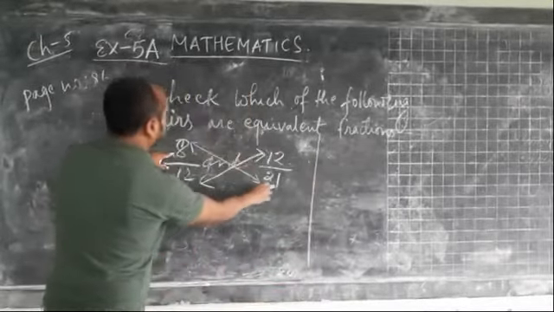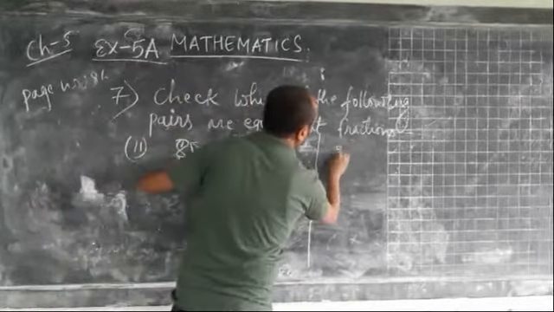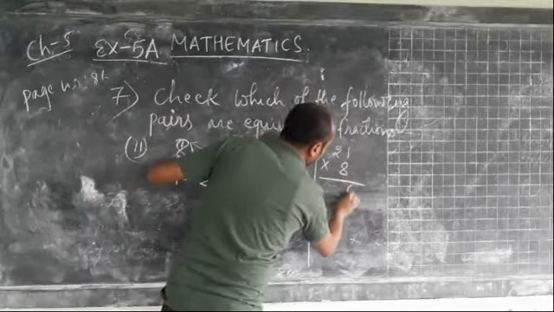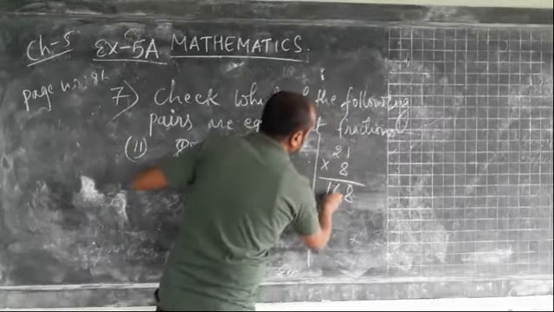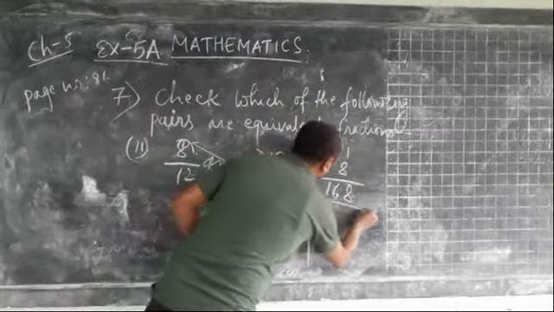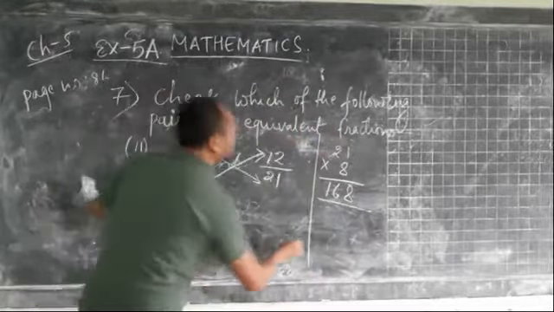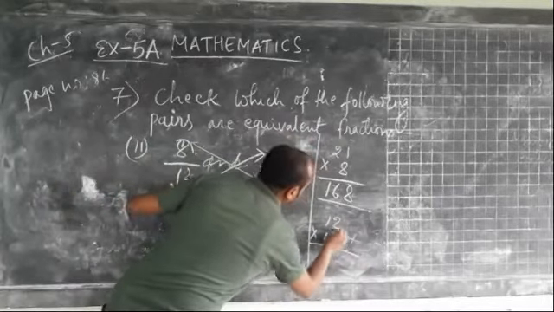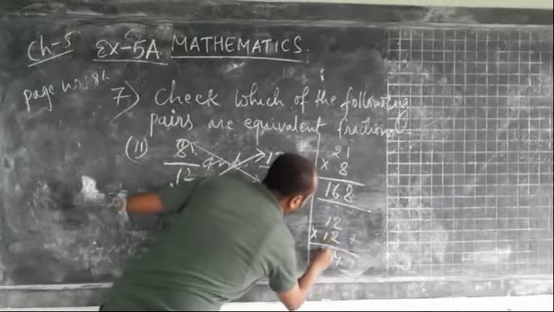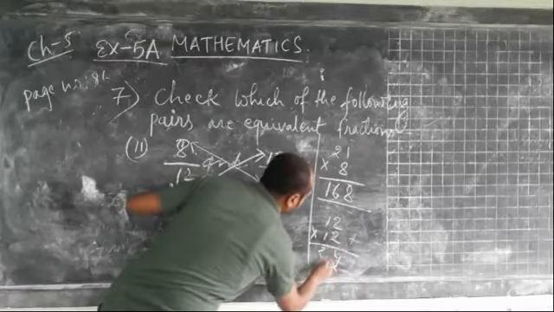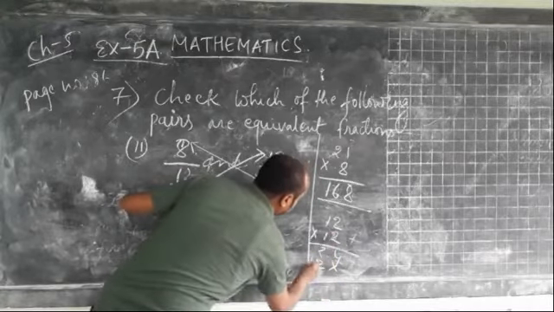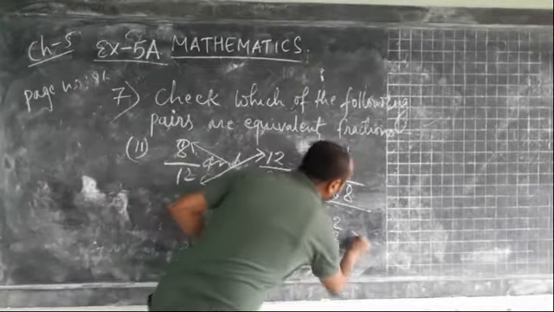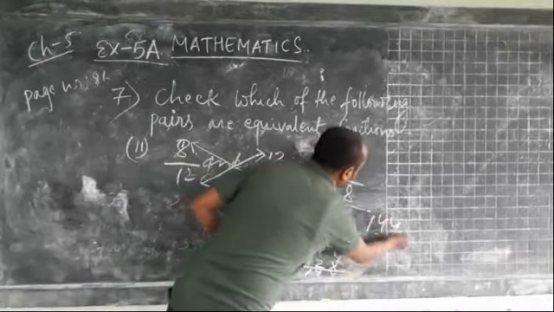Okay, let's try 21 into 8. 8 ones are 8, 8 twos are 16, so we get 168. Now the second one, 12 into 12: 2 twos are 4, 2 ones are 2, and 1 two is 2, 1 one is 1, so we get 144.